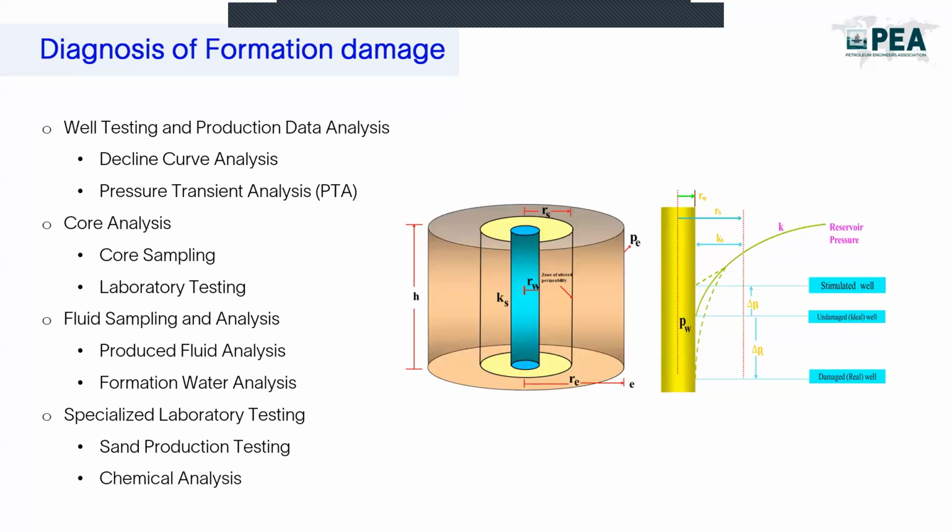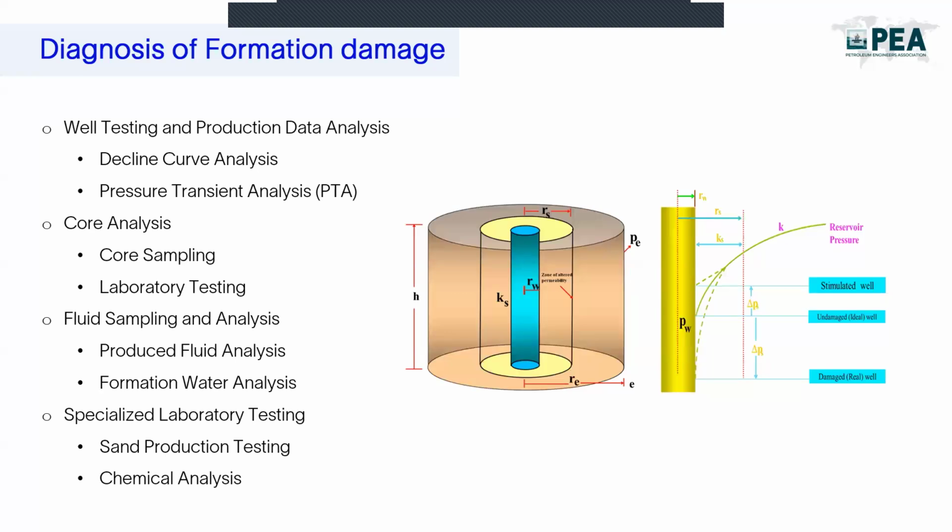And by analyzing the pressure drawdown and buildup, the PTA can estimate the effective permeability of the reservoir. If the permeability is significantly lower than expected, or lower than the previous permeability if there is more than one, it could be an indication of formation damage.